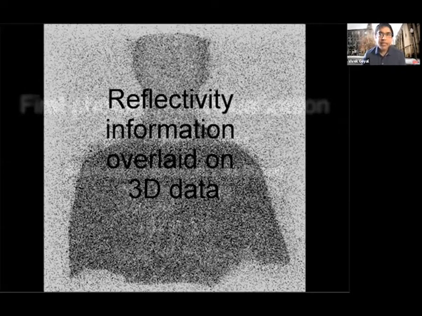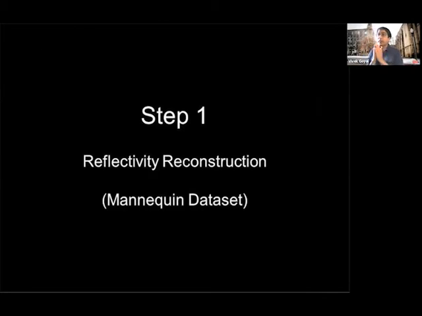So this model should rotate, but it's not that important here. This is a depiction of the raw data, essentially, where from each photon detection, we are getting an initial estimate of depth and reflectivity. So the result of the first step is just regularized maximum likelihood estimation of the reflectivity, not changing the depths at all.